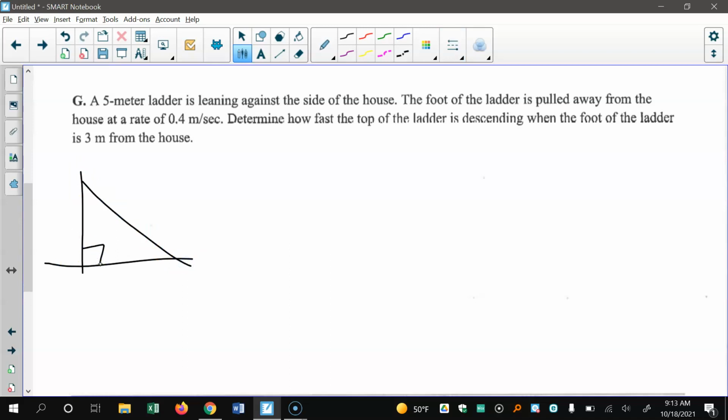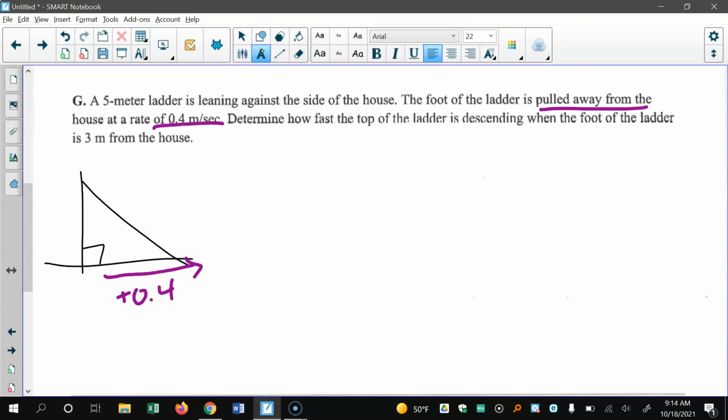And the foot of the ladder is being pulled away from the house at a rate of 0.4 meters per second. Now, the first thing that I want to tell you about this problem is the phrase "being pulled away from." When I'm pulling away from the house, that distance at the bottom is getting longer and longer, which means that 0.4 is positive.